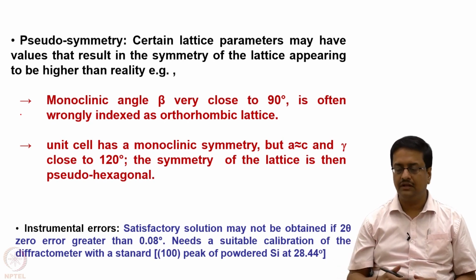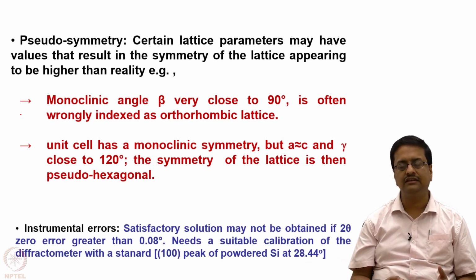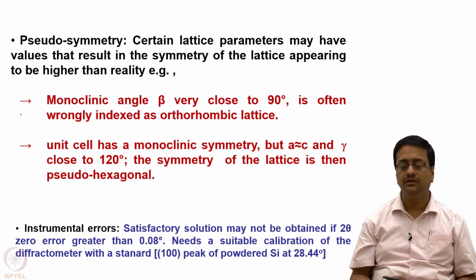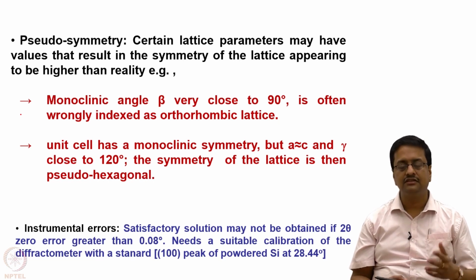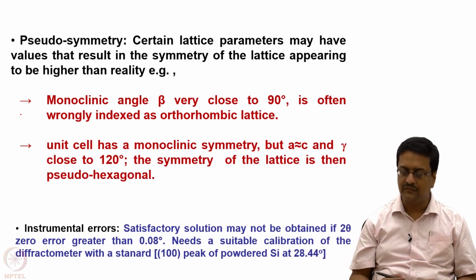Unit cell parameters with a monoclinic symmetry but having a equal to c and beta equal to 120 degrees may also lead to a hexagonal lattice. So these things can give wrong information in your indexing software.